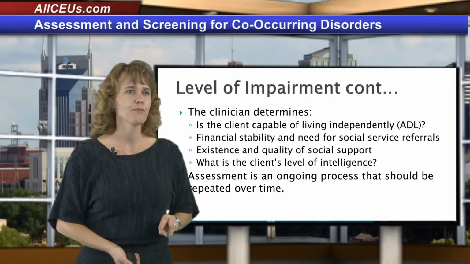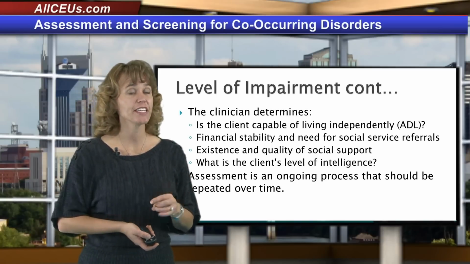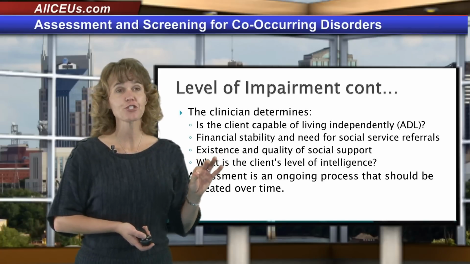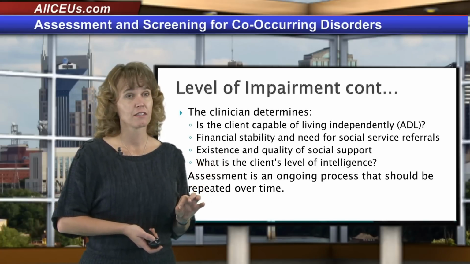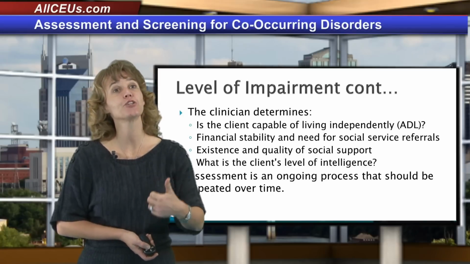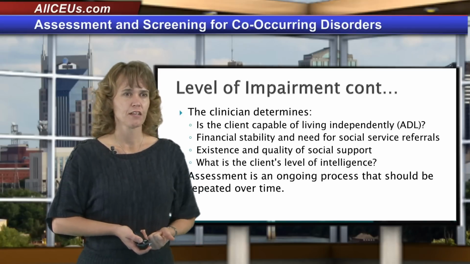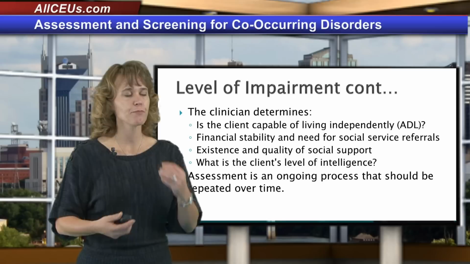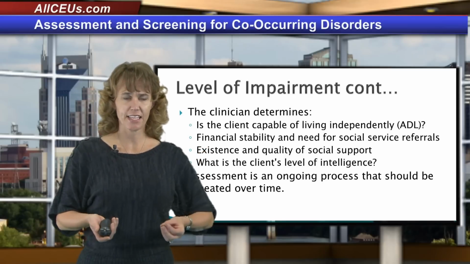The clinician determines if the client is capable of living independently, the financial stability and need for social service referrals, the existence and quality of social support and how to engage those people, and the client's level of intelligence, their insight, their judgment, their ability to comprehend things.